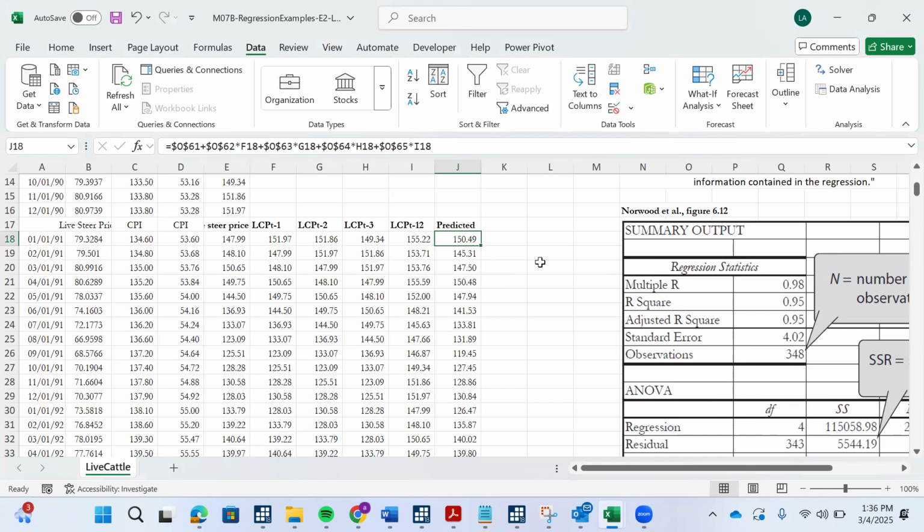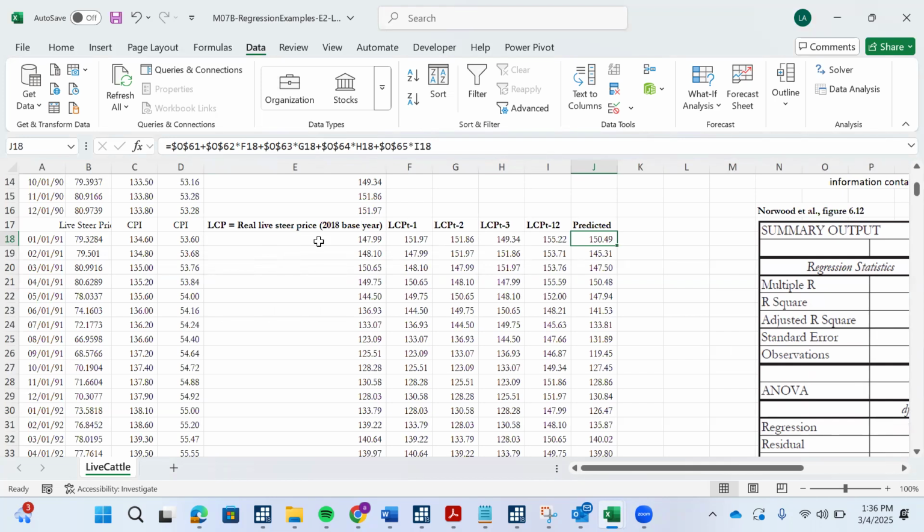Now, up to this point, we've generally been talking about data that is either in the current period or maybe lagged by 1 month or lagged by 1 year. But if we have data which covers every month, like this data does, so here we're looking at live steer prices of every month, and then they have the consumer price index so that they can create a real steer price variable adjusted for inflation with 2018 as the base year.